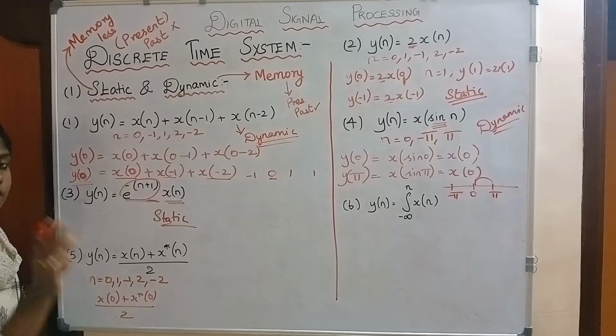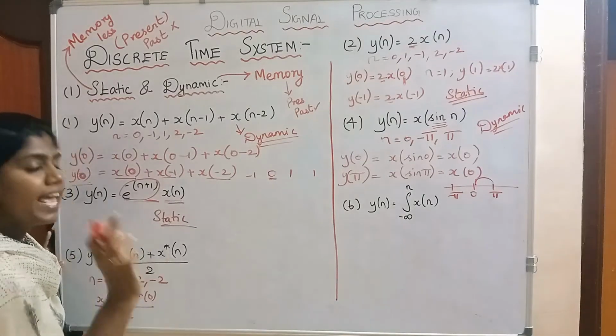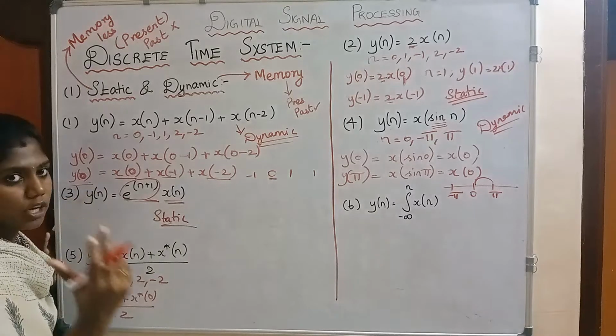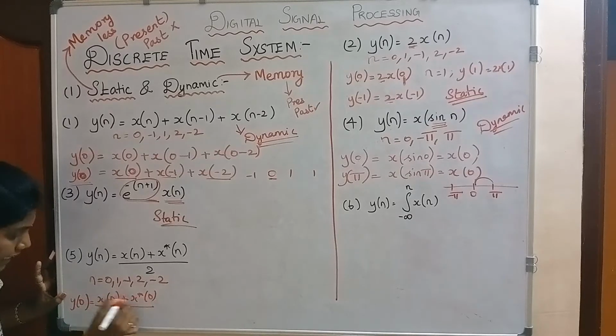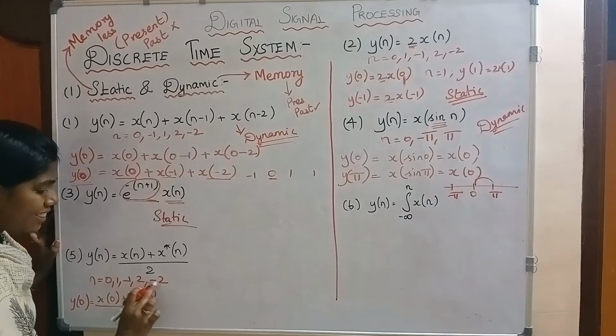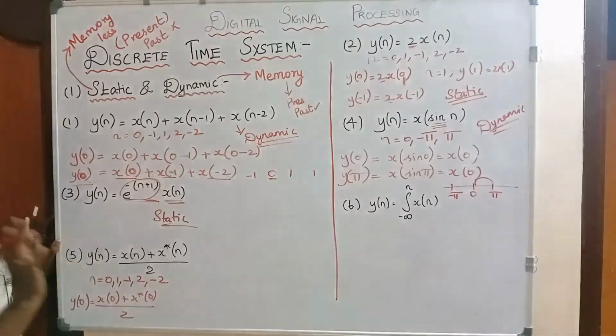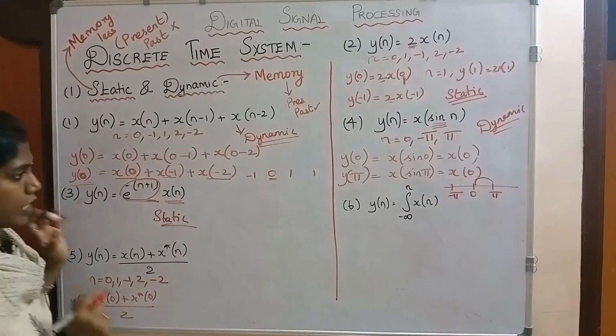You put your concentration only on the input and you decide if it is static or dynamic. See here, the output at 0 depends on 0 only, so it is a static system. You can pass all the other values, you get the result as a static system only. You can try for yourself.